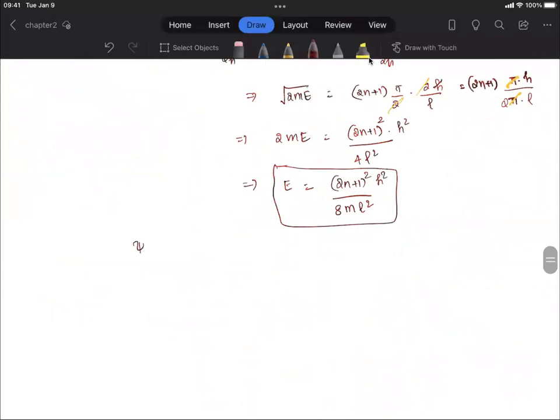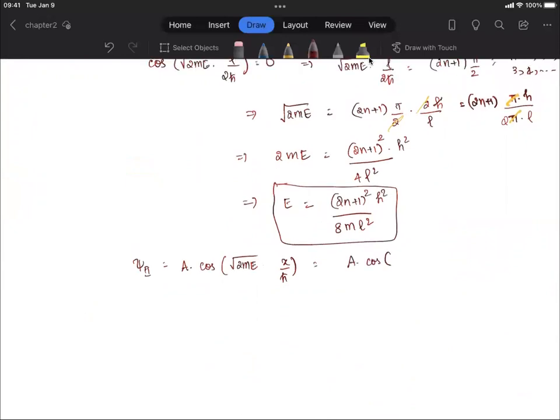And in this case, the wave function would be A times cos of root 2mE x over h bar. We know root 2mE is... now I can write h bar to be h over 2 pi, so I can cancel out h, the 2, and the 2.